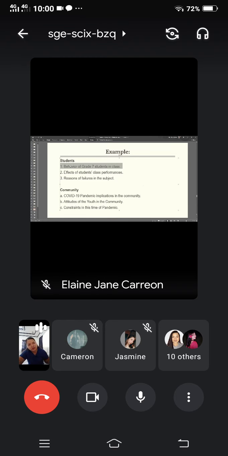Somehow, siguro, pwede siya maging quanti, kaya lang, by just looking at the pattern, kung ilan ba sa grade 7 yung ganito yung behavior. Ibig sabihin, alam mo na kung ano yung mga behavior ng mga grade 7, hahanapin mo na lang kung ilan sa mga yon yung may ganitong behavior.